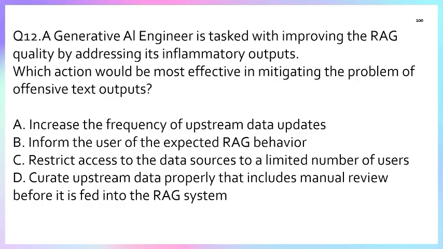First, we need to understand what a RAG system is. RAG means retrieval augmented generation, and that system retrieves external data and feeds it into the language model to generate an answer. If the upstream data is toxic or biased or offensive, the LLM can repeat or amplify it.